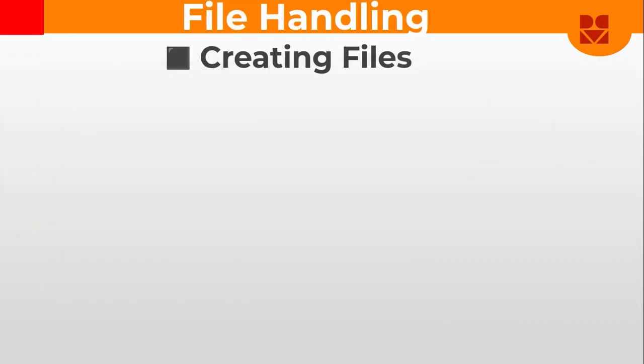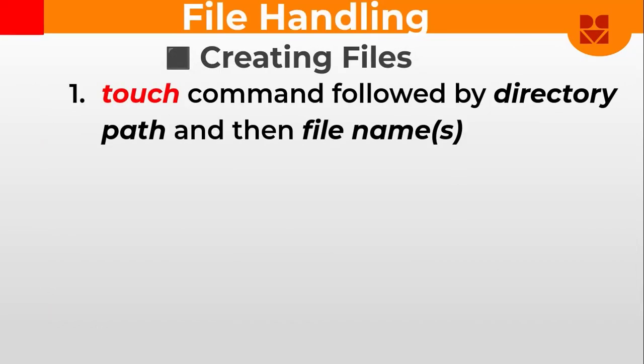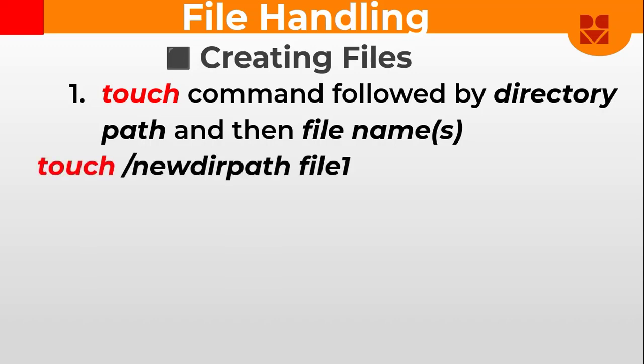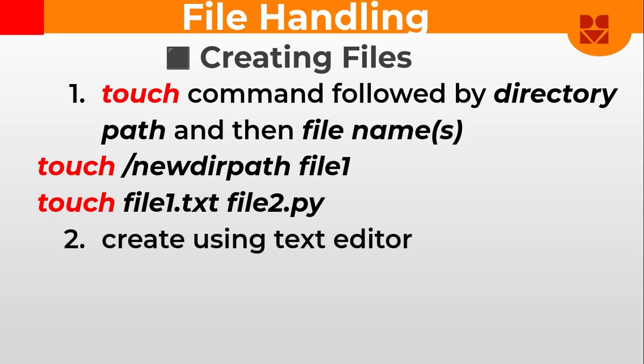So starting with creating files, we said in the previous video while dealing with some basic terminal commands that you can use the touch command to create the file. But there are other ways we can also create the file. We could decide to use your favorite text editor to create the file.